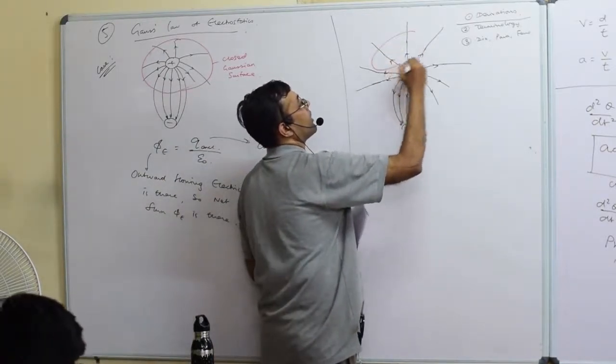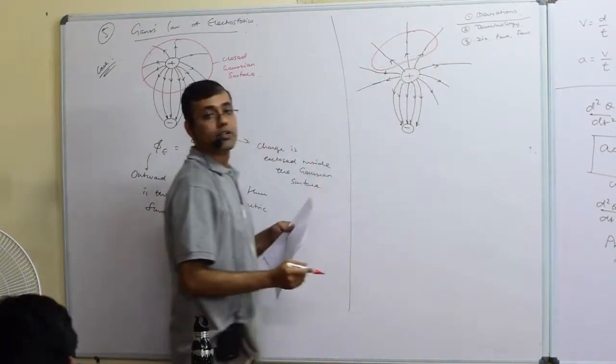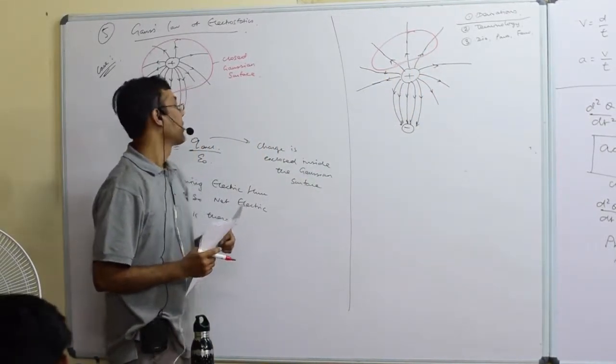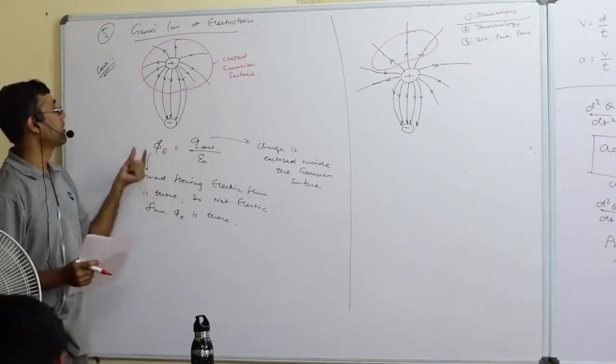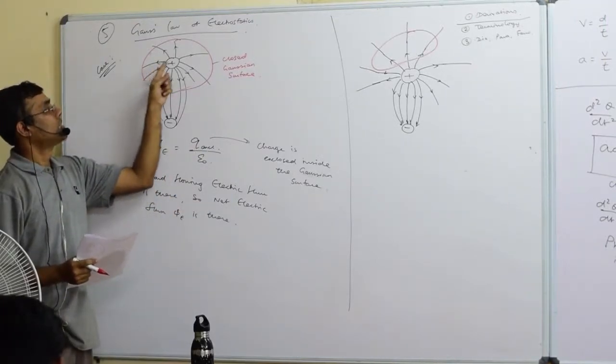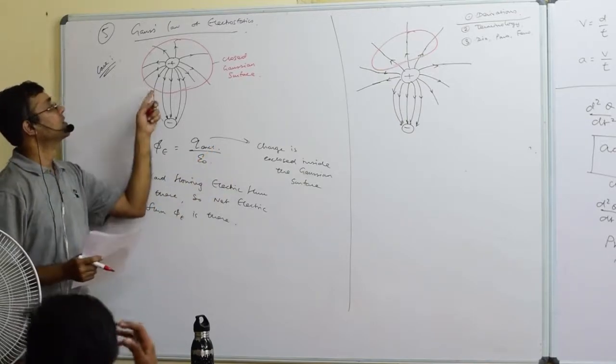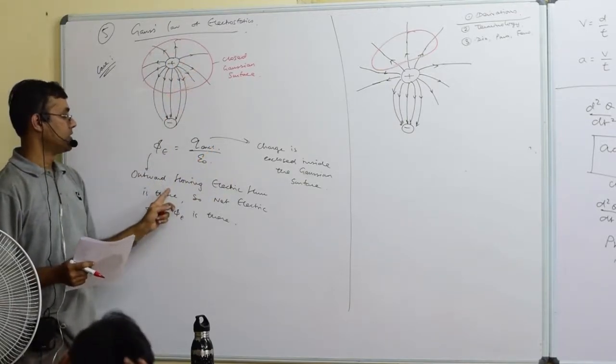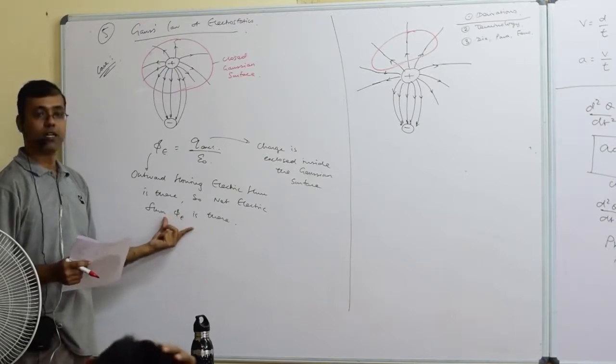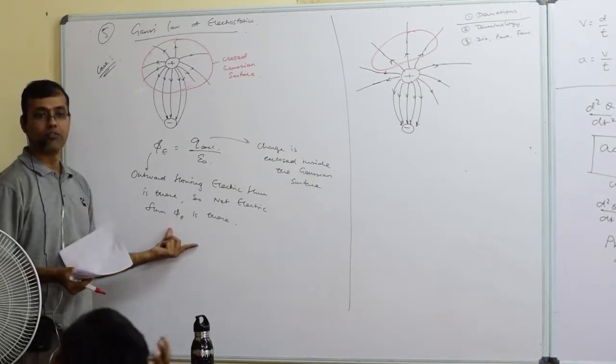Let's assume that I take a Gaussian surface at this point. Okay. Everyone following this? I'm just saying that the charge is there, which means Q enclosed is not zero. There is some charge. And similarly, there is some electric flux which is coming out, which means it's not zero. It is there. When I say it is there, I mean there is some value. Okay.